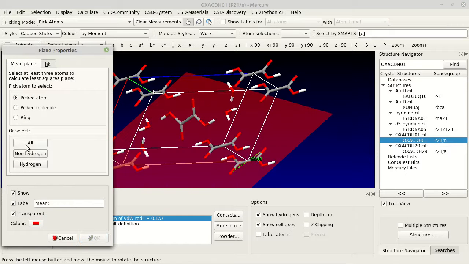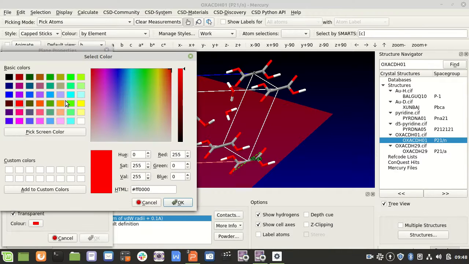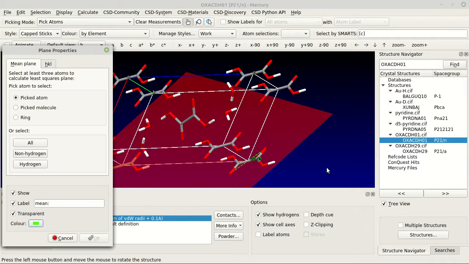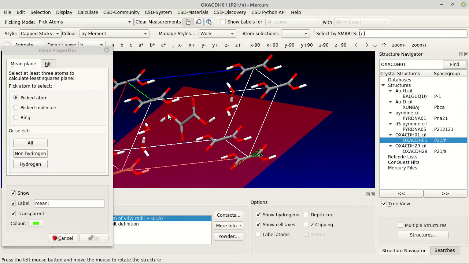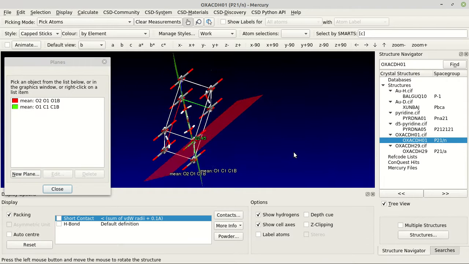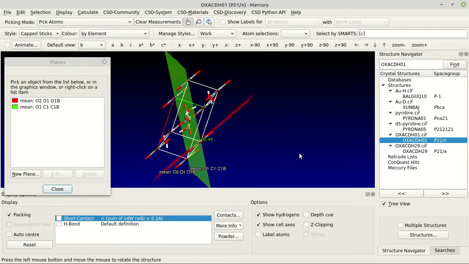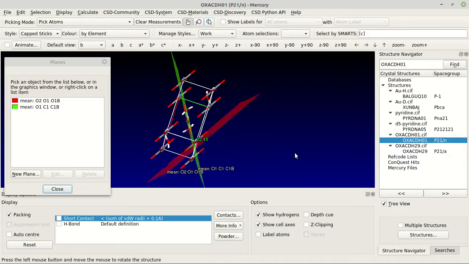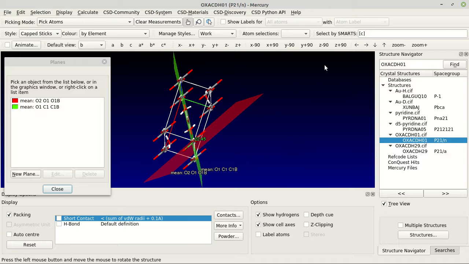Okay, and we need a second plane from this here. Click, click, and click. So we have two planes, and now have a look at the angles between the two planes.